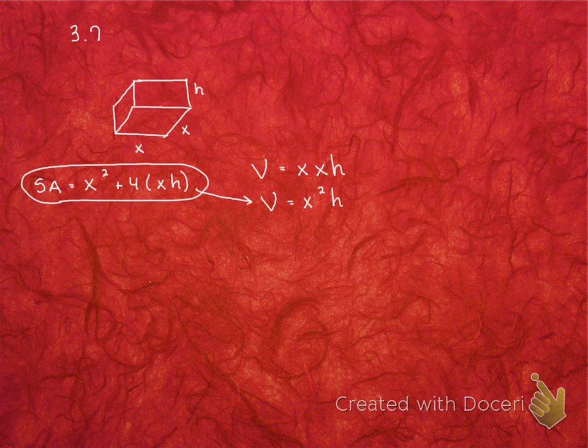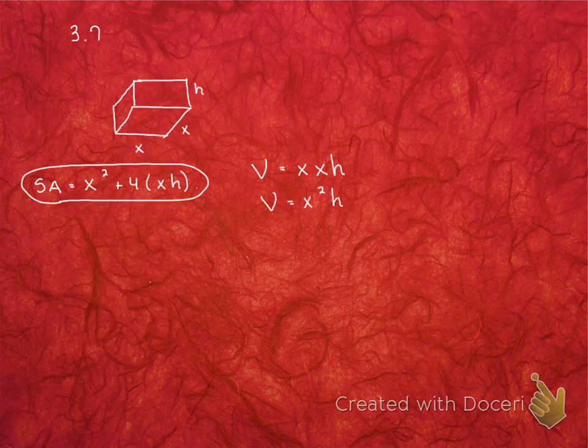Remember, we're solving for the dimensions that will produce this box with maximum volume. That means we need to be able to solve for either X or H. For the surface area equation, we can either solve for X or solve for H. If you look at trying to solve for X, that's not going to work. You cannot solve that equation for X. Therefore, we have to solve it for h.